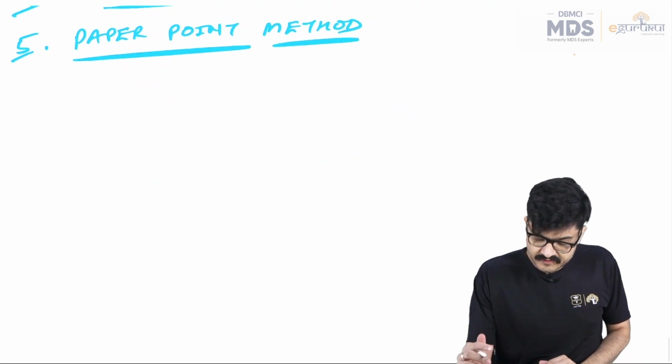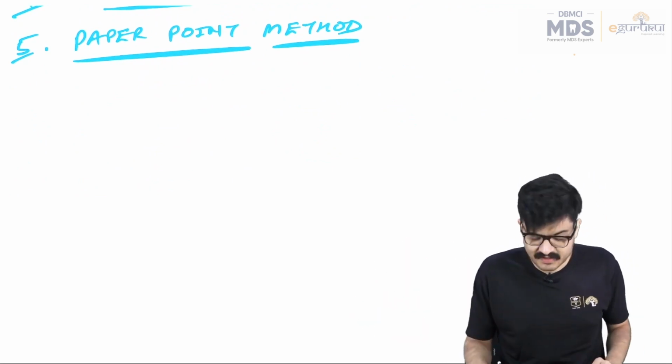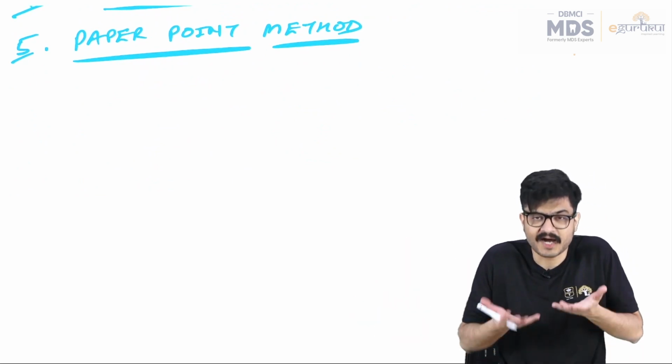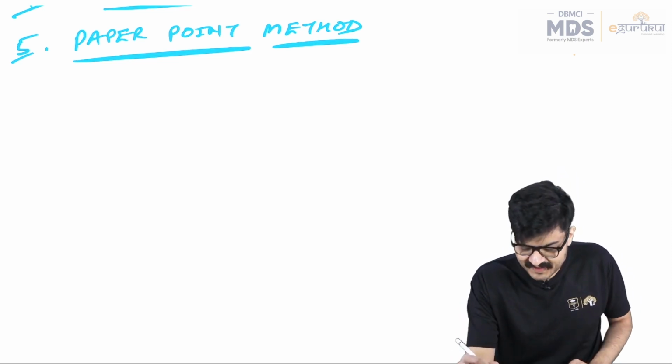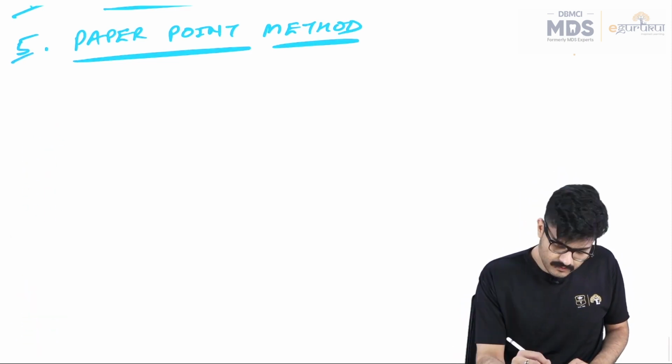So let us just note these first of all. Before discussing in detail each method, let us note the most important thing for us, that is solving MCQs, right? So let us write this down.